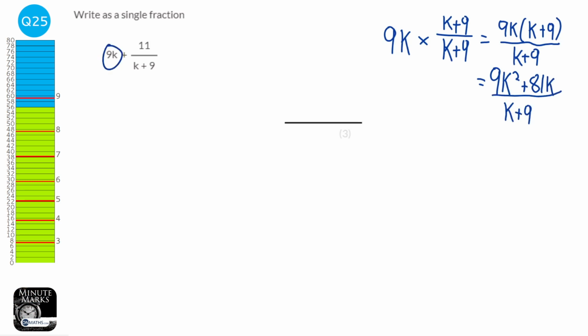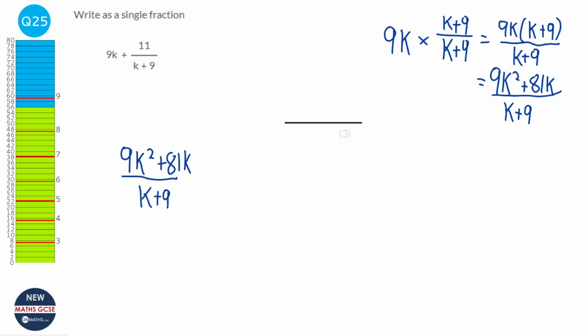And so what I'm going to do is just feed that back in here. And so we've got 9k squared plus 81k over k plus 9, which is just that 9k bit, plus 11 over k plus 9.